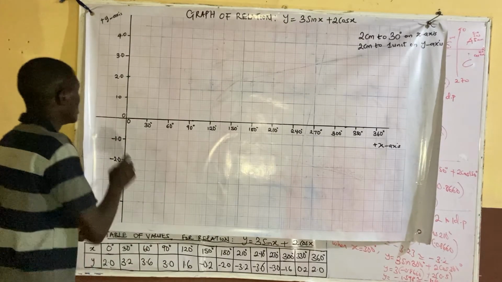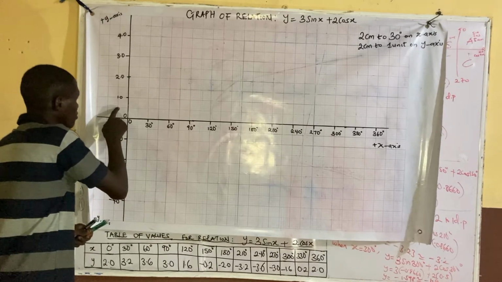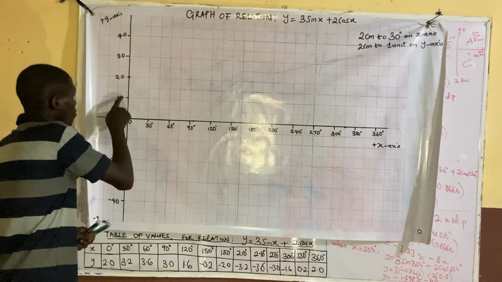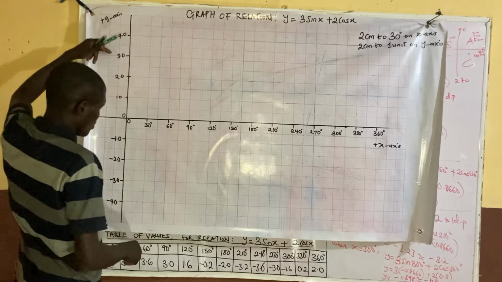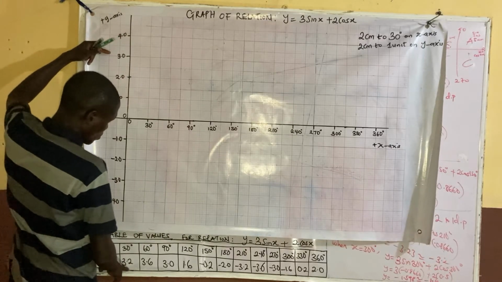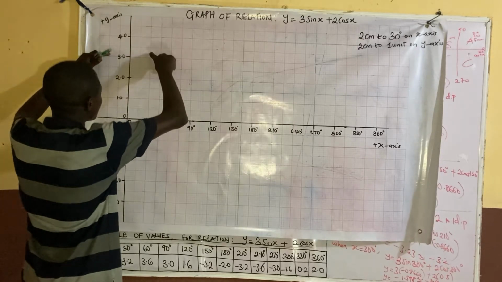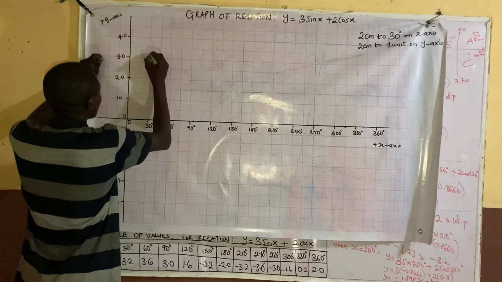So each smaller box is 0.1, 0.2, 0.3, 0.4, 0.5, 0.6, 0.7, 0.8, 0.9, 1.0. Now we are locating 30 degrees against 3.2. This is 3.1, 3.2 against 30. So the location will be here.